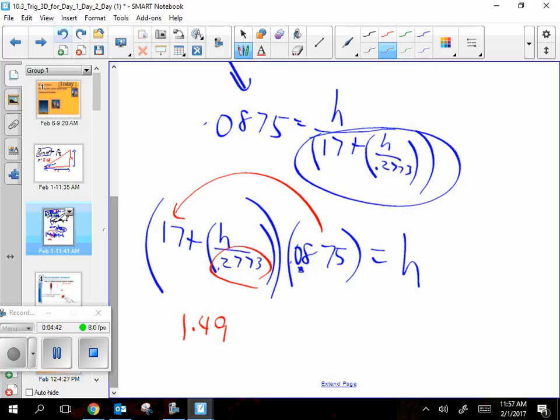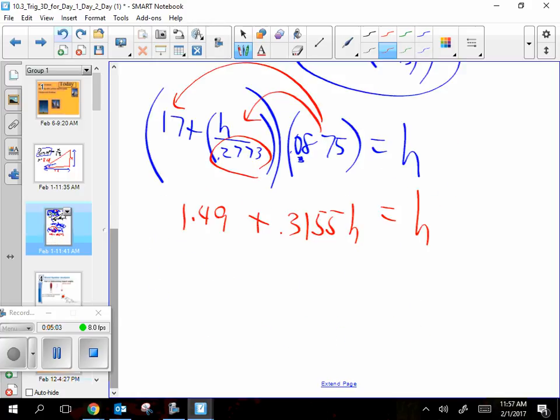Good enough. And then that plus, when I take this times this, it's really 0.0875 divided by 0.2773. And what'd you get for that? 0.316. Thank you. H equals h. And now I've got variables on both sides. There are h's on both sides. I personally subtract the smaller one.